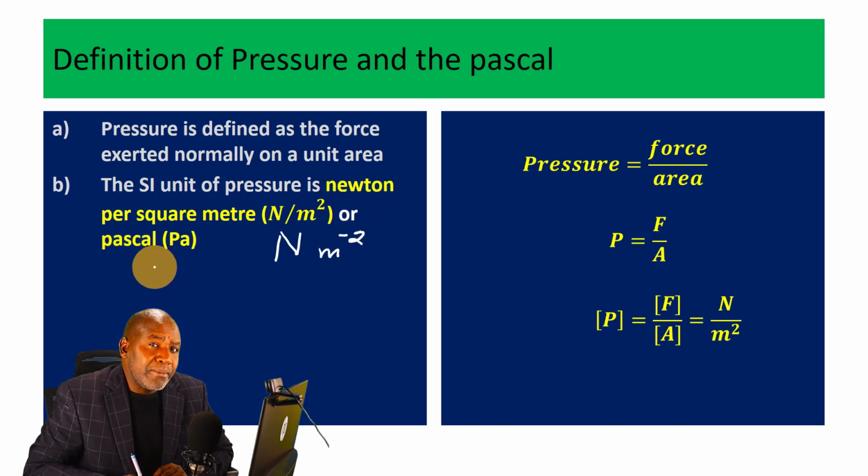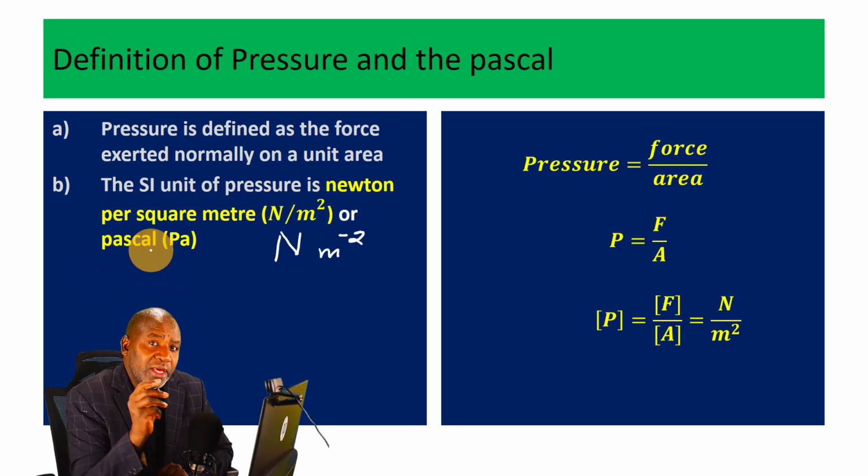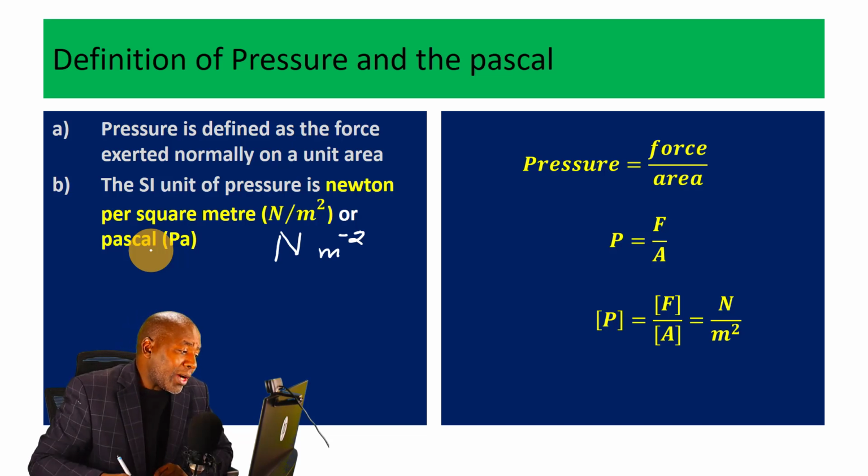Pascal is the name of a person, and we have already said that when SI units are names of people, if we write the complete word, then that word starts with a lowercase letter.